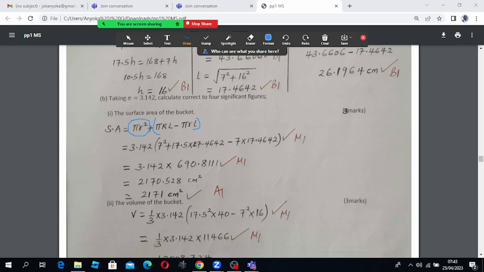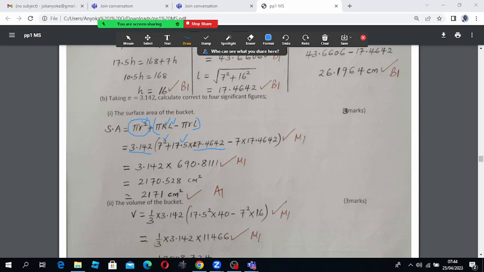Because pi is common, we can factor it out, and once you factor out pi, you remain with r squared, so 7 squared, plus you remain with RL, the capital R, 17.5, times the L, the slant height of the bucket.